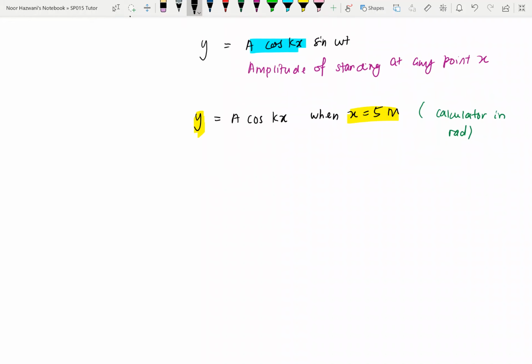Okay, so plug in all the value. So, A dia adalah 1.2 cos 0.5. So, X you plug in 5 lah. Jadi, you akan dapat you punya nilai Y is negative 0.96 meter. So, that's the answer.